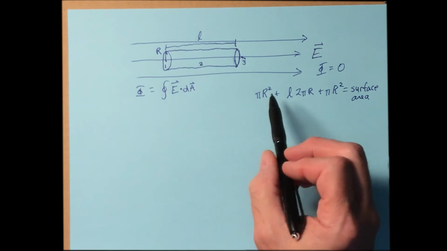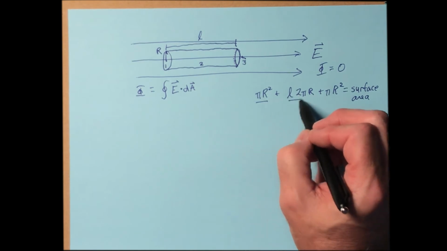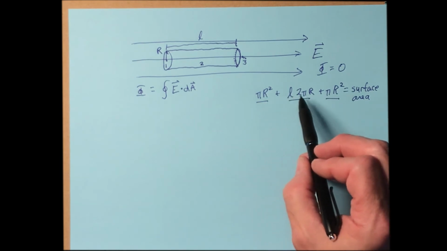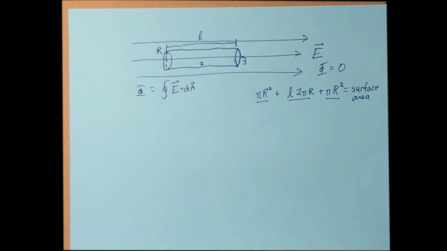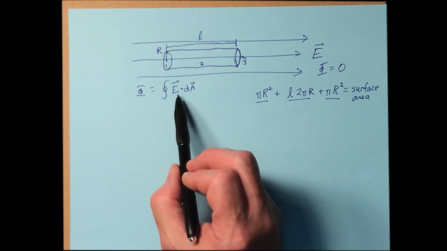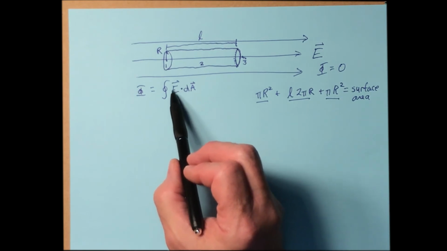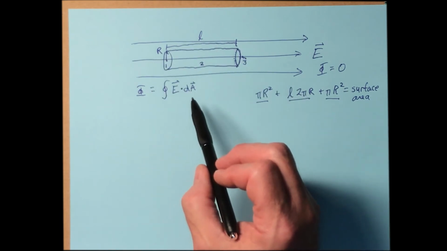Now, how did you do that? The way you did that was you broke up the area into 3 distinct parts. Those 3 distinct parts, you were able to calculate the surface area of each part relatively easily. And then in the end, you just sum them up. That's the same thing we're going to have to do here. So this E dot dA, that's the electric field over the whole surface area of the closed surface.